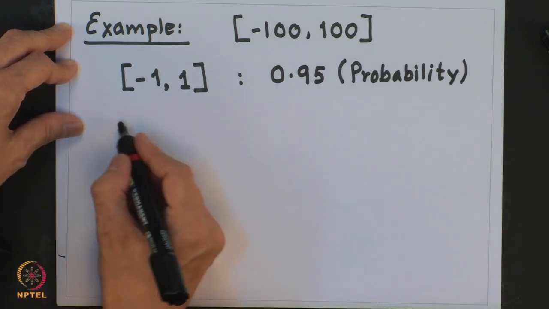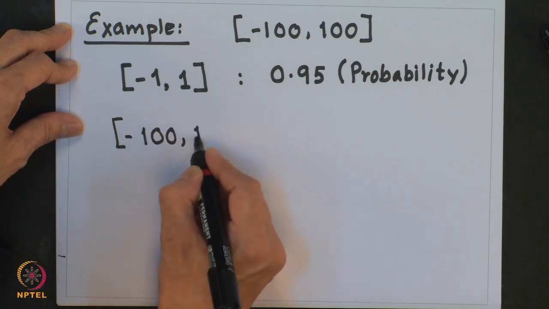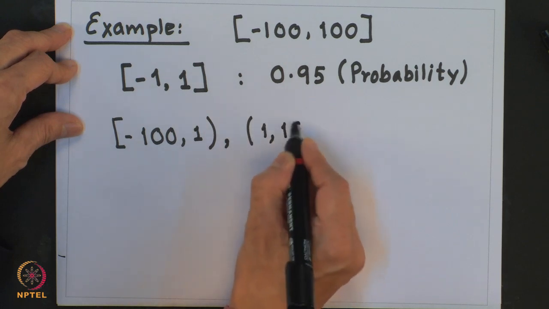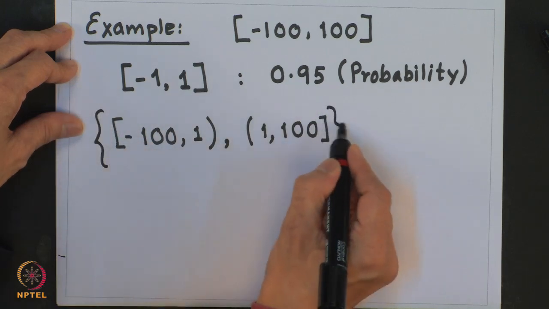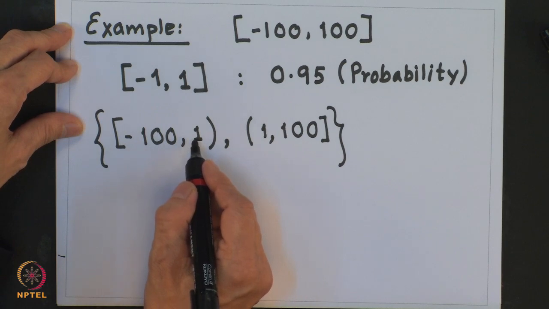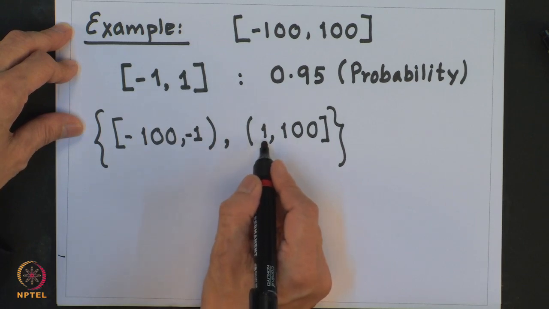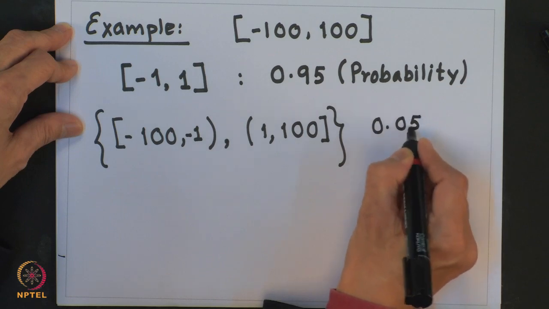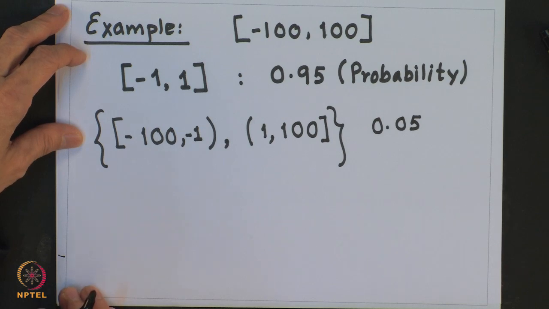And in the region between minus 100 to less than minus 1 and 1 to 100, the probability will be obviously equal to 0.05, and we are required to design an 8-level uniform quantizer.